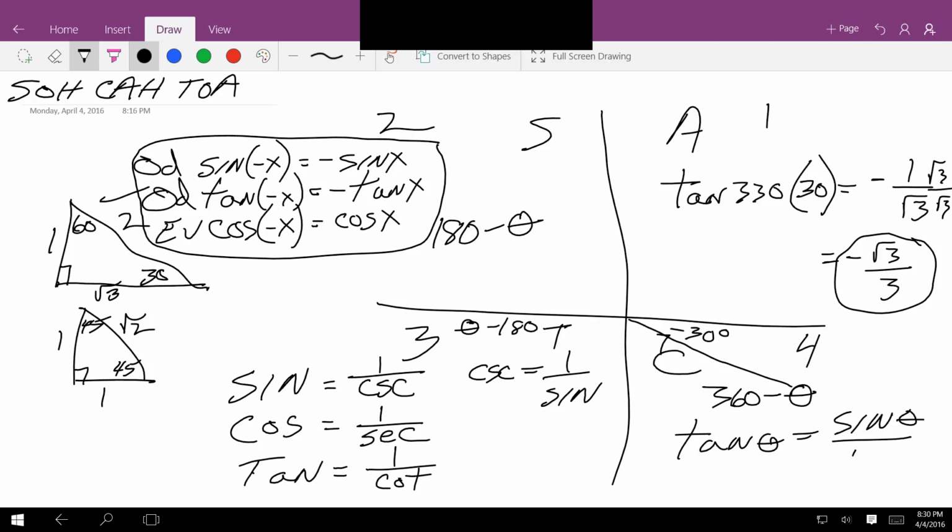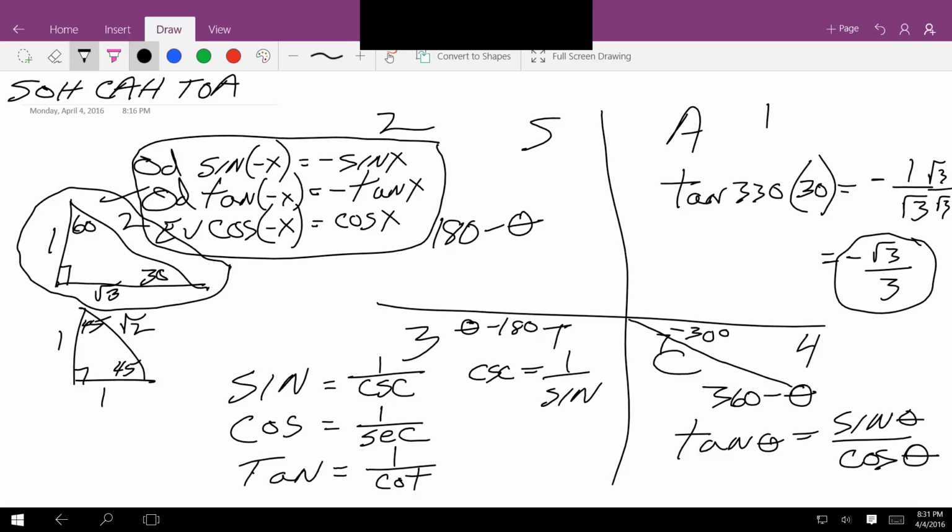You could have used that on this problem, but it would have made it harder. In other words, you would have had to figure out the sine of 30 degrees, or negative 30. You'd have had to figure out the cosine of negative 30, and then divide one by the other. You'd have gotten the same answer. But notice how much faster it was to use this triangle and the fact that tangent is opposite over adjacent.